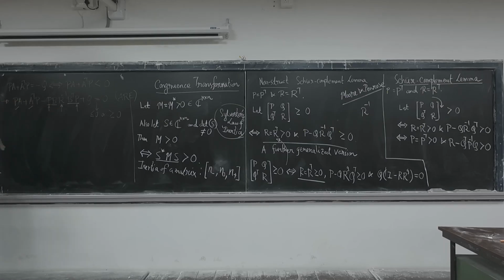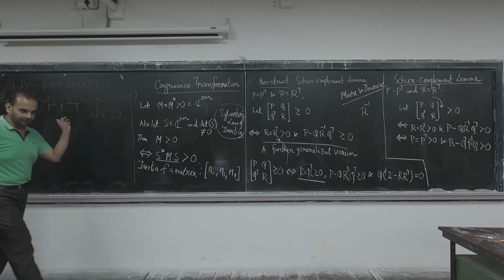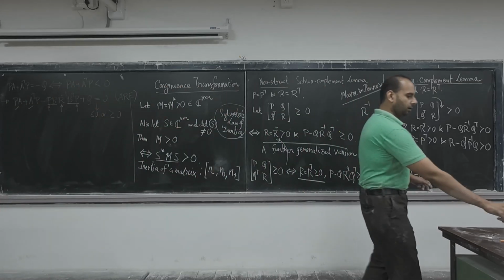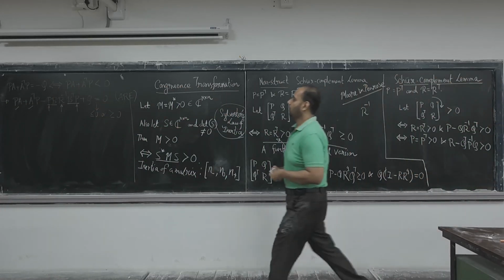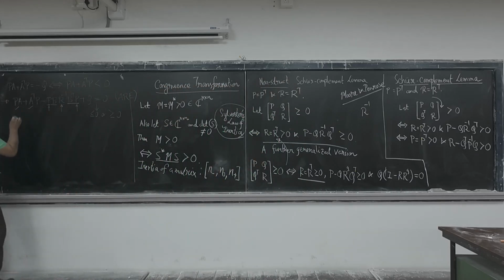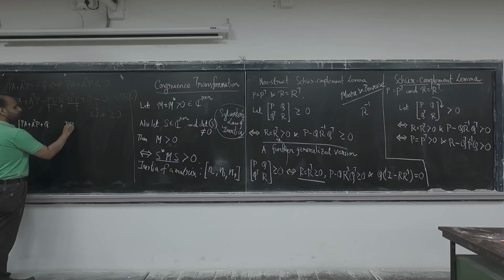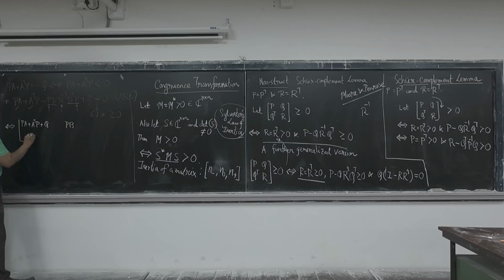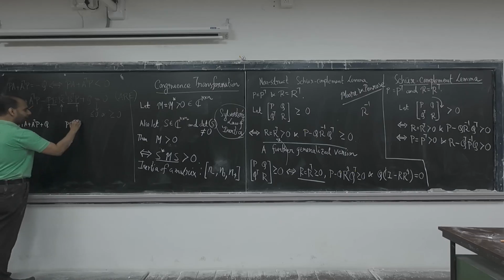This whole part PA plus A transpose P plus Q, that is actually your P. So can't I write that this is if and only if, tell me what should I write? PA plus A transpose P plus Q. That is my first entry. And the second one is PB. And then the third one is B transpose P. And then the fourth one is simply R, right?